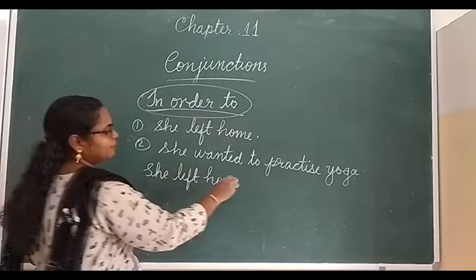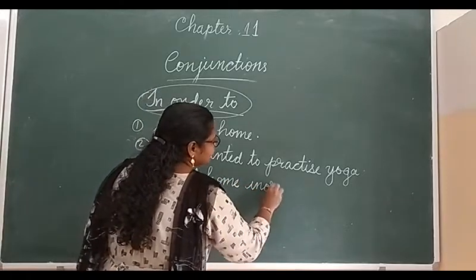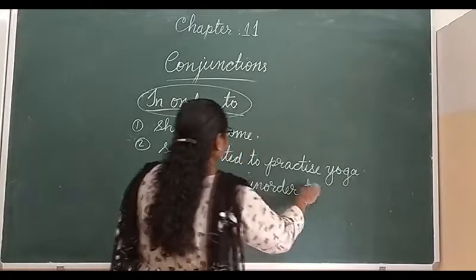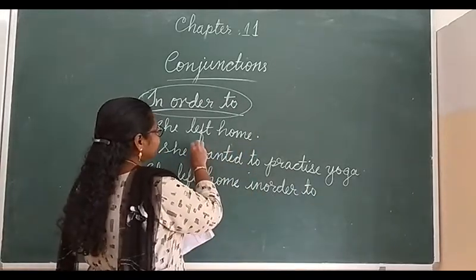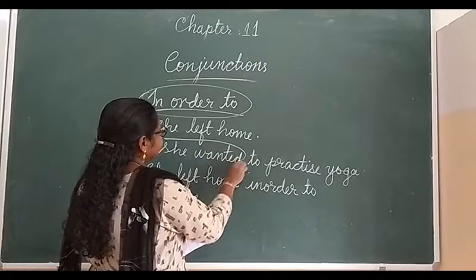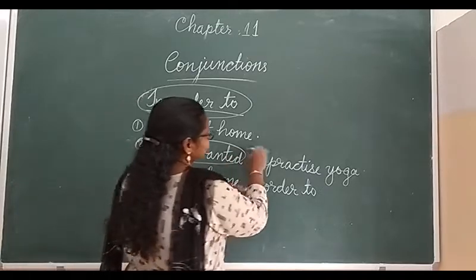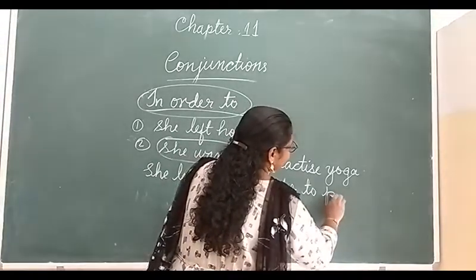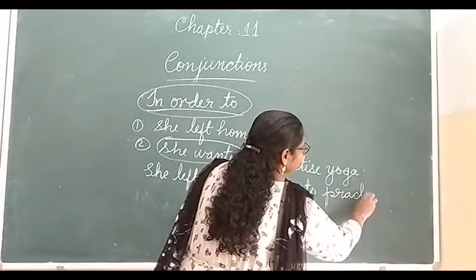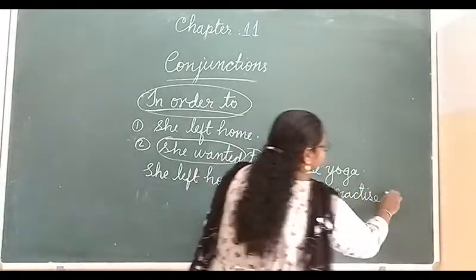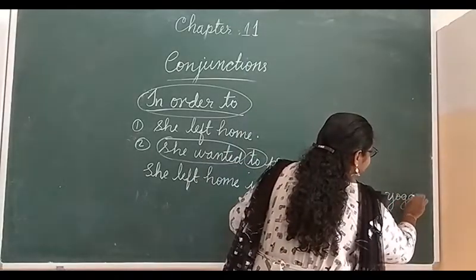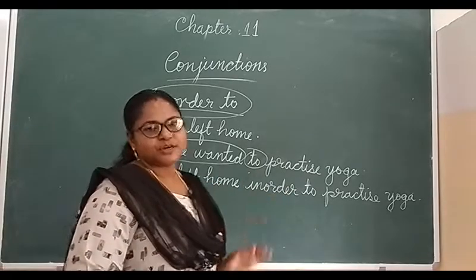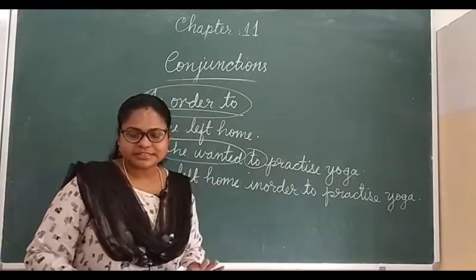She left home in order to, because we have to cut this, and in order to practice. Practice what? Yoga. Okay. She left home in order to practice yoga. Okay. Do you understand? Okay.